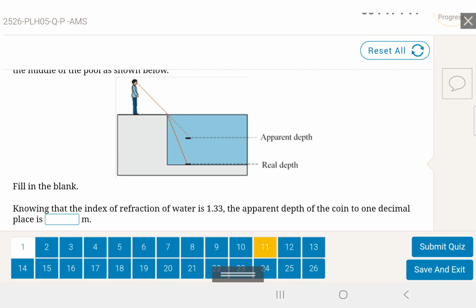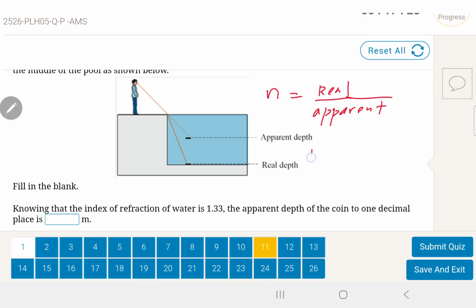Now the formula here is very easy. Refractive index is equal to real depth over apparent depth. Real over apparent. Refractive index is 1.33. Now the real depth here, that's what we have to do.